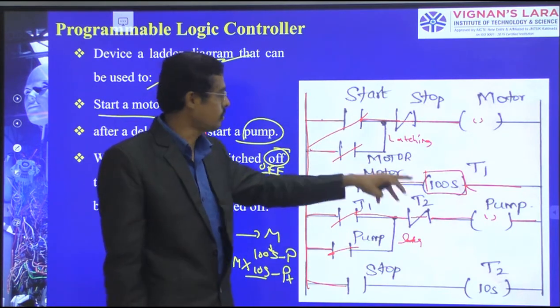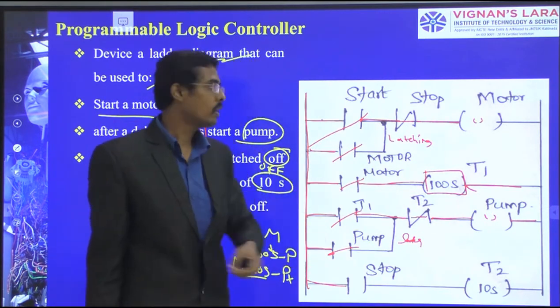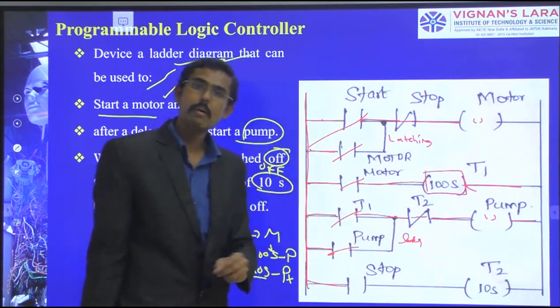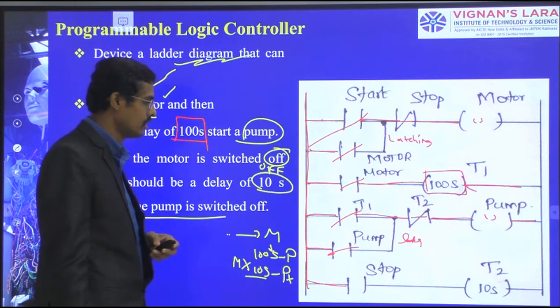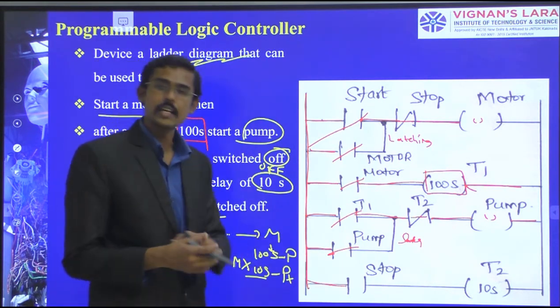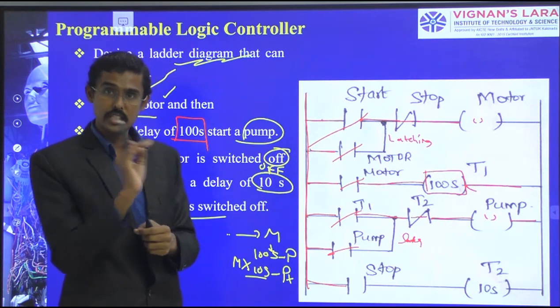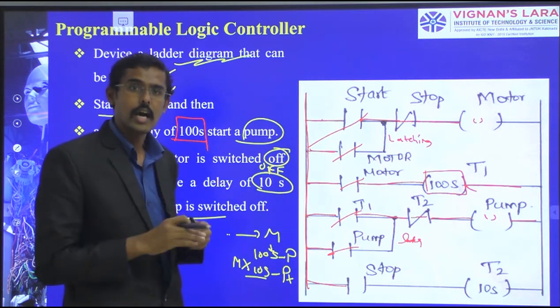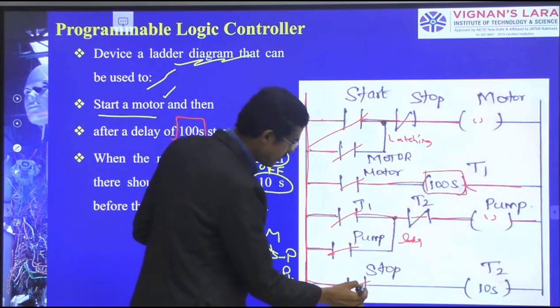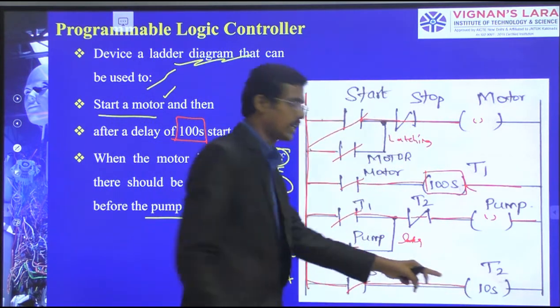But the on-delay of 100 seconds is given. Now I want to terminate the motor and I want to terminate this pump also. What have I done here? Now, when the stop button is clicked here, physically, as per my interest, at any time, I am pressing here. The power supply goes up to 10 seconds.